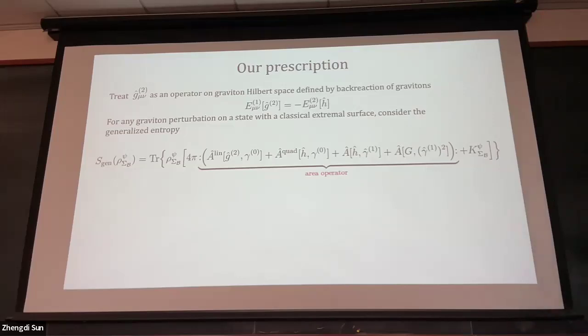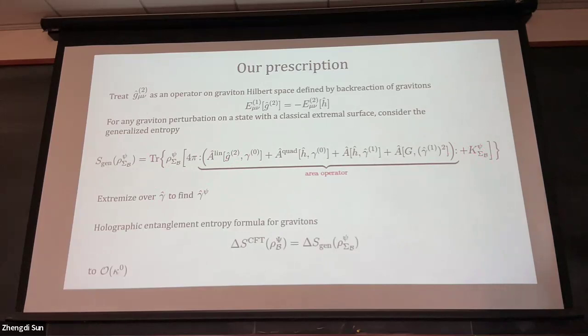Then you compute the trace of the following area operator. Here, again, G2 is now an operator. You compute this area operator, and this piece gives the bulk entanglement entropy. So compute the trace of this whole thing, extremize it over gamma hat to find a new extremal surface operator, gamma hat psi.